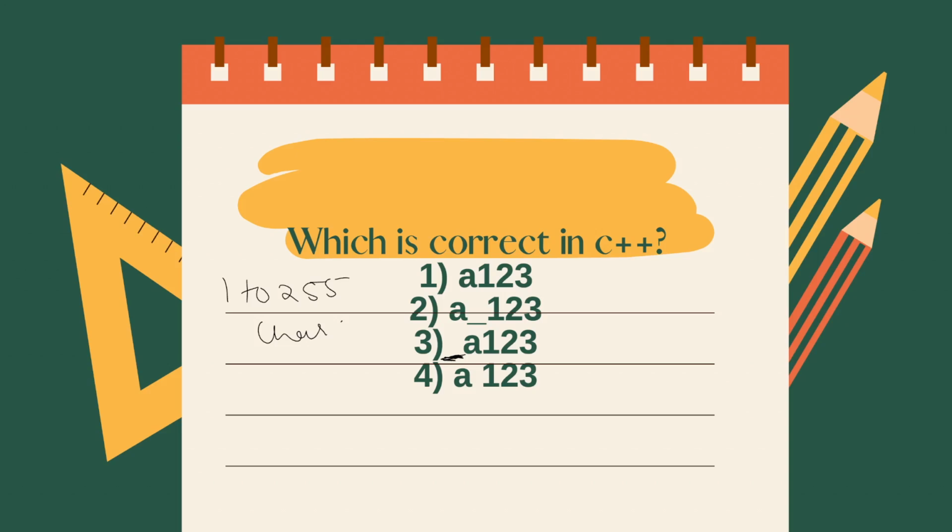So this is the next rule: letter, alphabet, or it can even start with an underscore, but it cannot start with anything like a space. That is the reason why this option is incorrect. It should be either a letter or an underscore, nothing else. Alphabet or underscore. I hope you are clear with this.